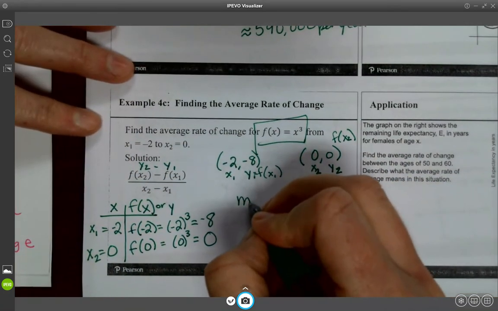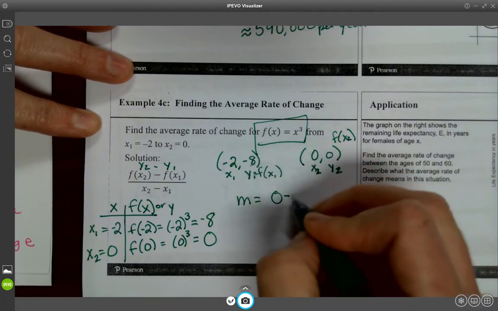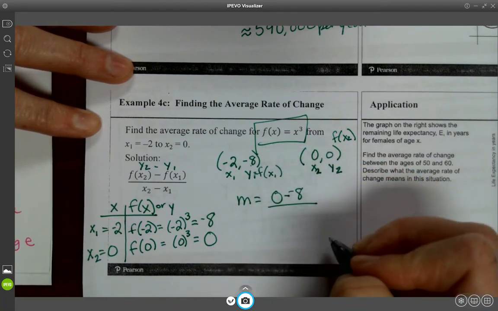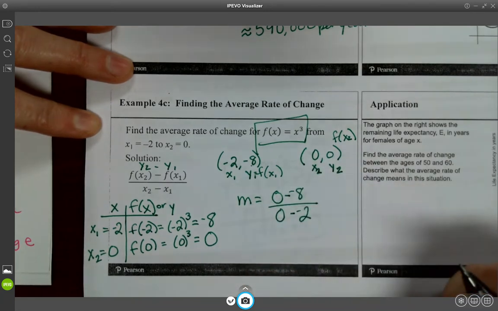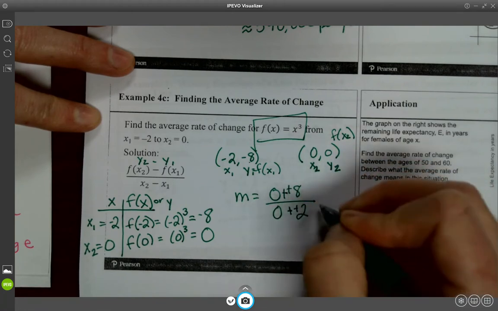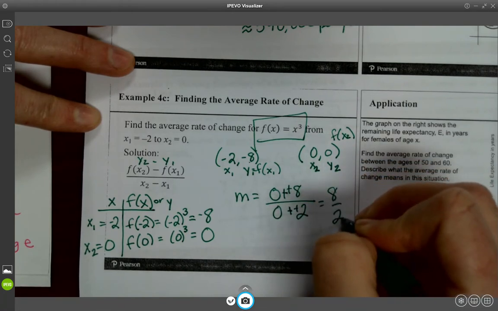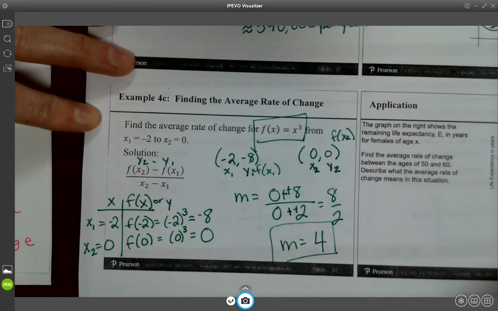So slope would be found by doing 0 minus a -8 over 0 minus a -2. Minus negative becomes plus, minus negative. So that's 8 over 2. 8 over 2 is 4. So our slope is 4, 4 over 1.